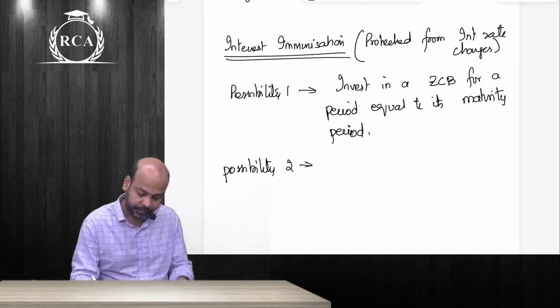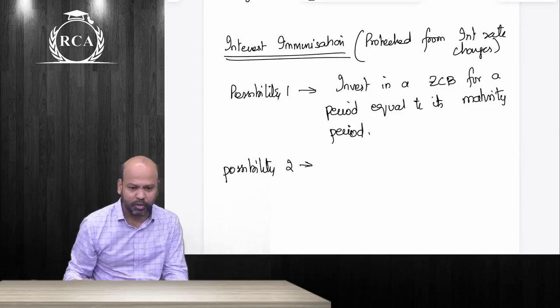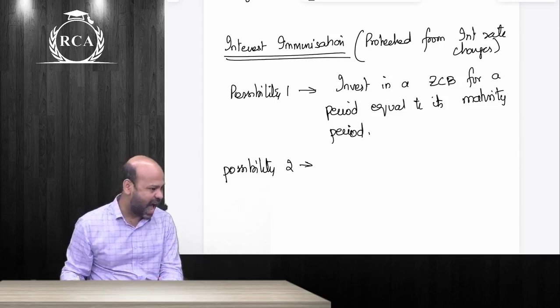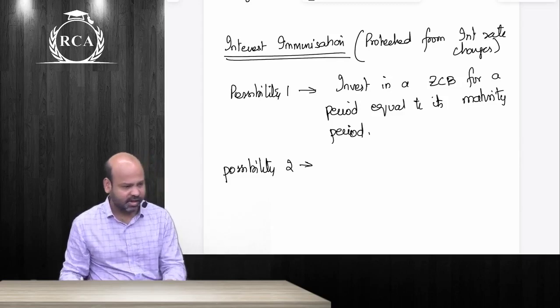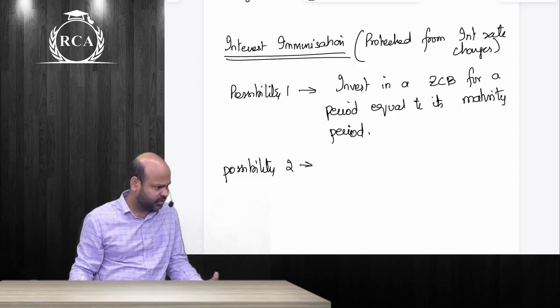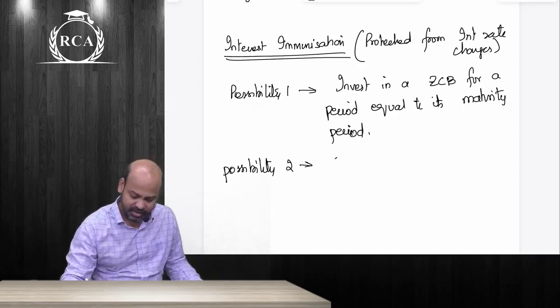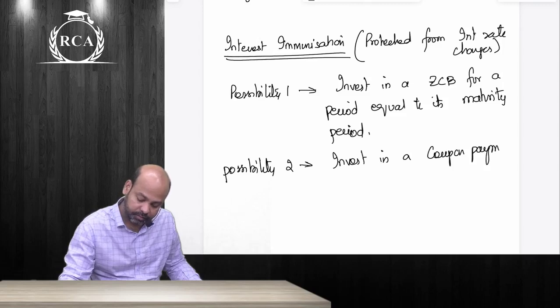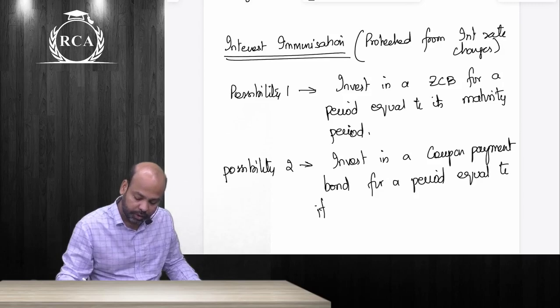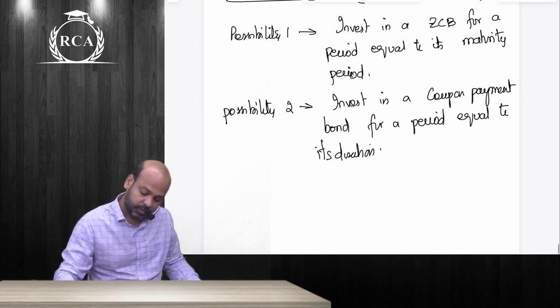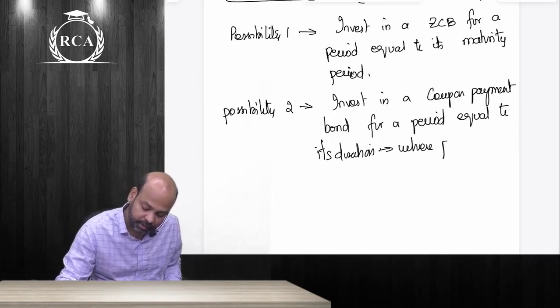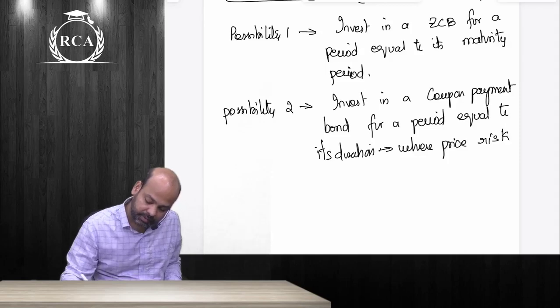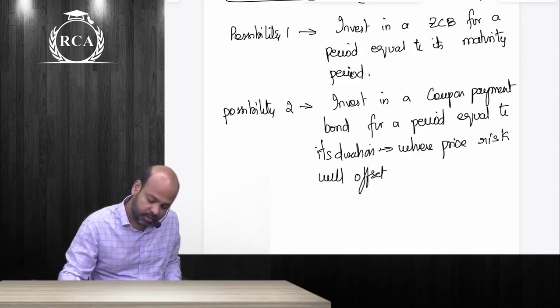Possibility 2, guys. Invest in a coupon paying bond for a period equal to its duration, where price risk will exactly offset reinvestment risk.